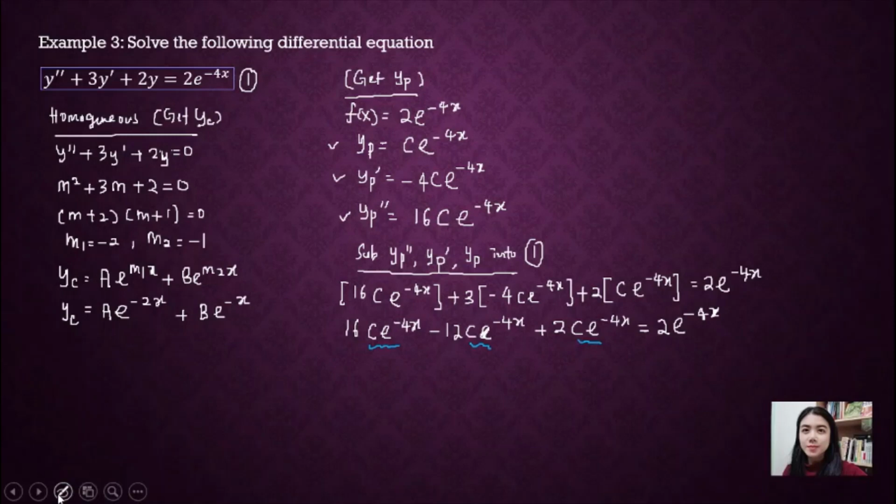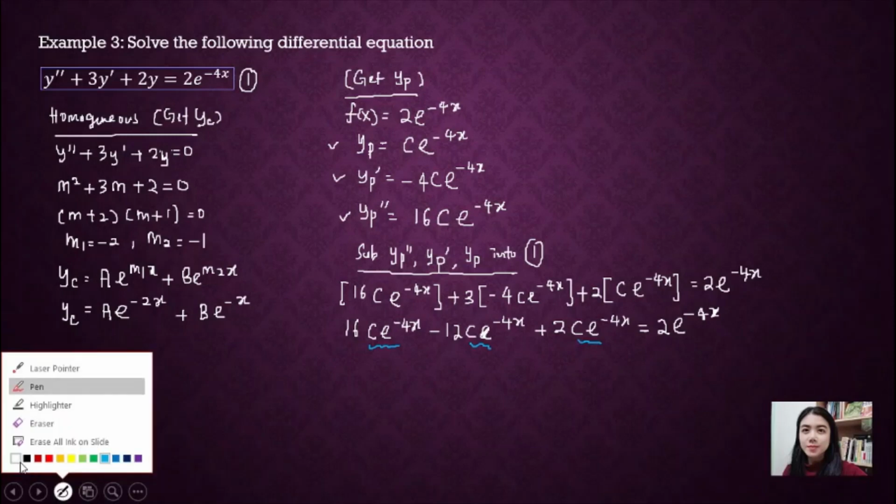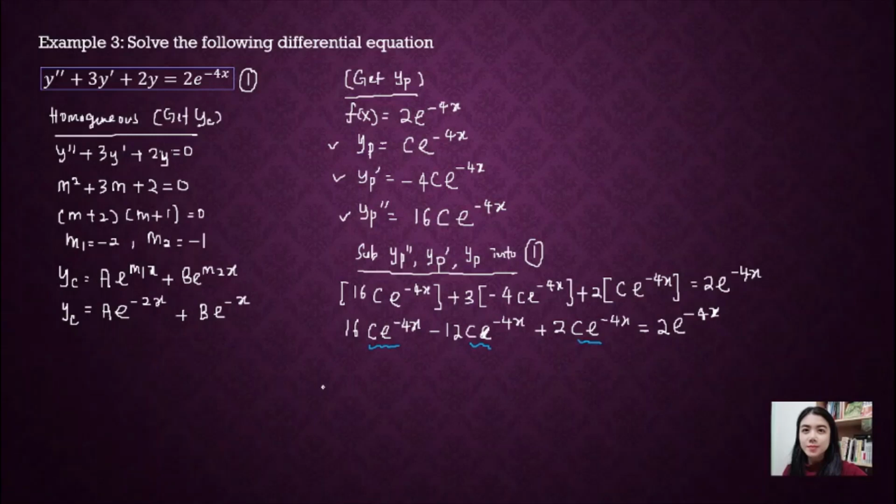Then you will have 6, together with the e to the minus 4x. Okay, this is for the left hand side.